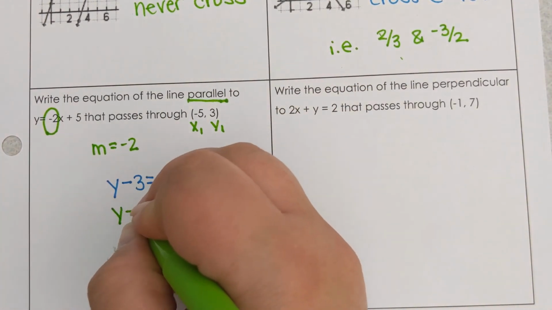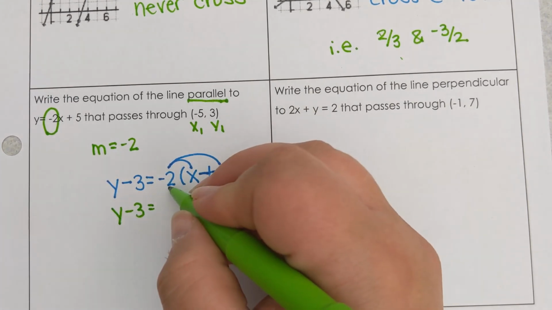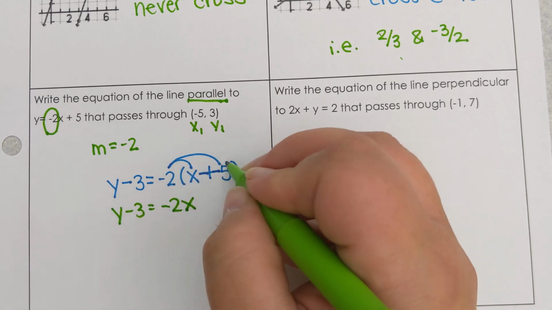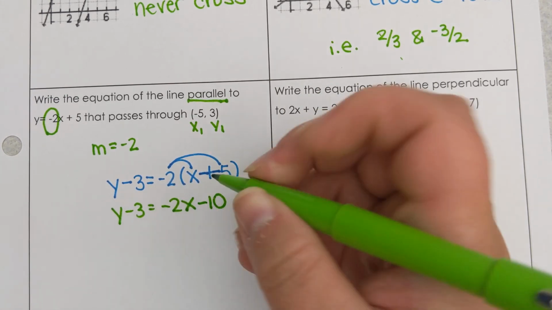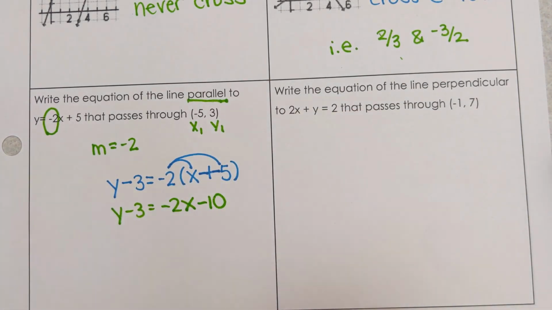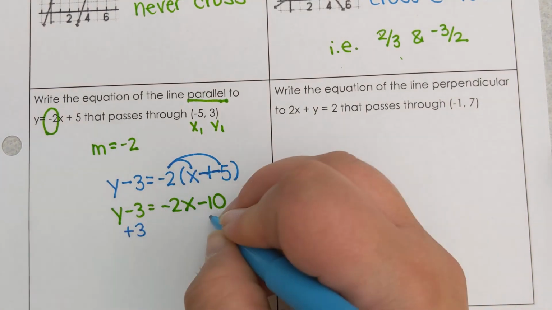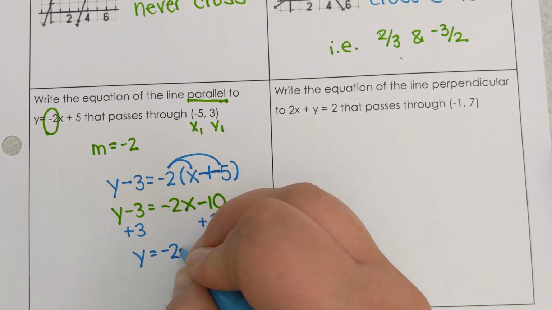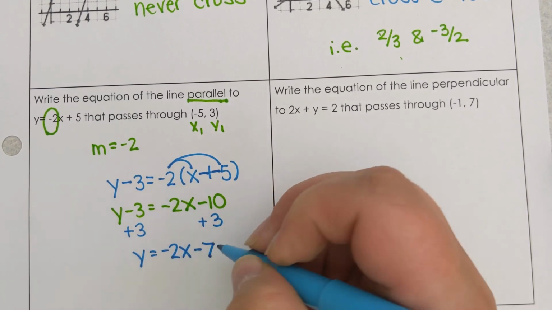So now I have y minus 3 equals negative 2x, and then negative 2 times 5 is negative 10. We want to move that 3 to the other side. y equals negative 2x minus 7.